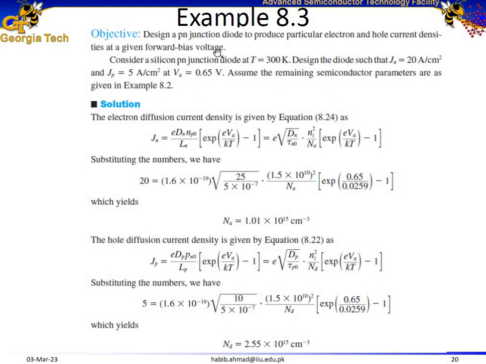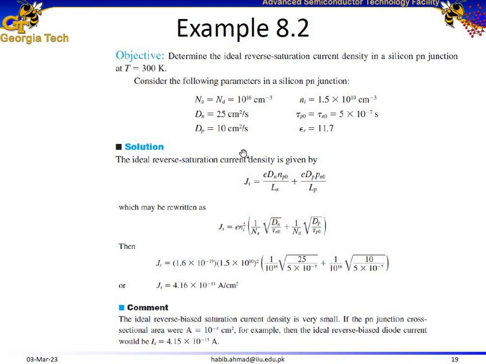Designing the PN junction diode here basically means to suggest the acceptor and the donor dopings for these current densities. So use all the parameters of 8.2 except for the acceptor and donor doping. You have to calculate these.